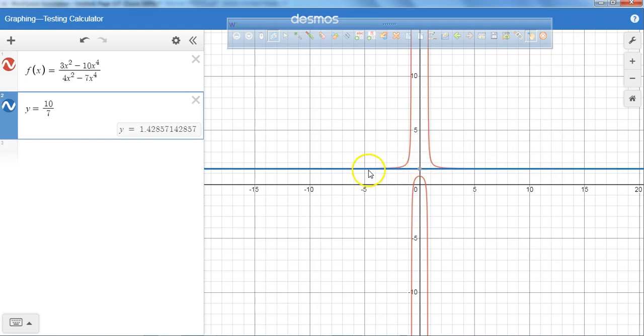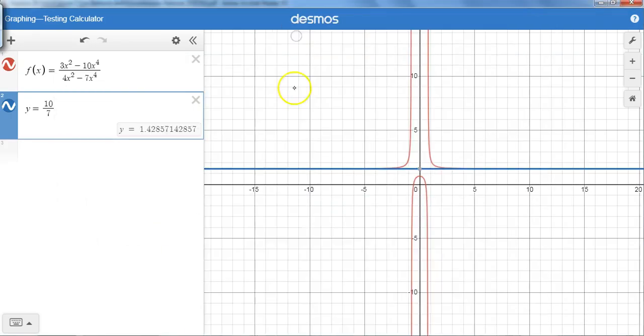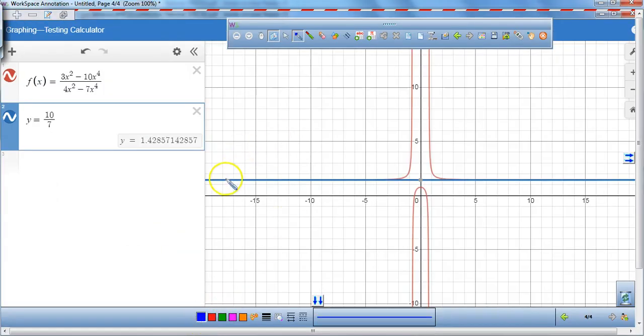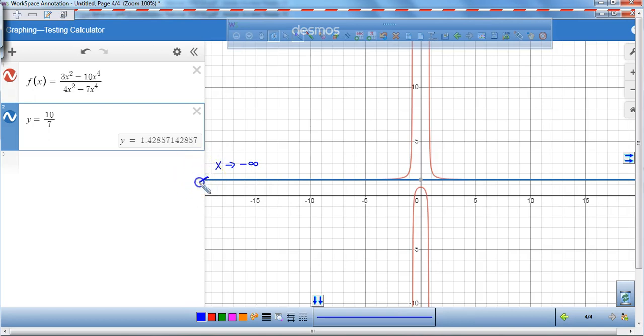And you'll notice, I'm going to draw on this graph so you guys can see. In this graph right here, x is approaching negative infinity as it's going to the left. Well, what is f of x approaching?